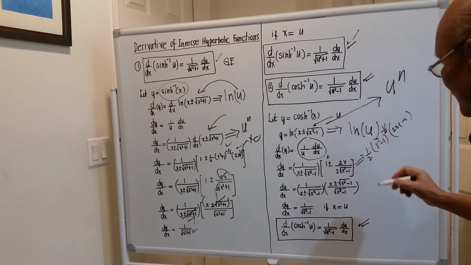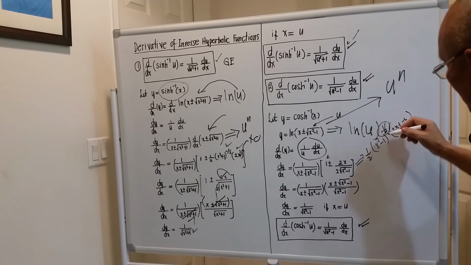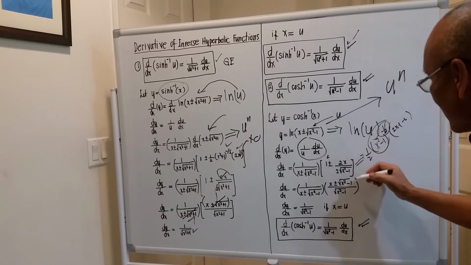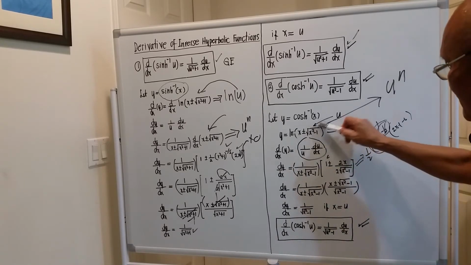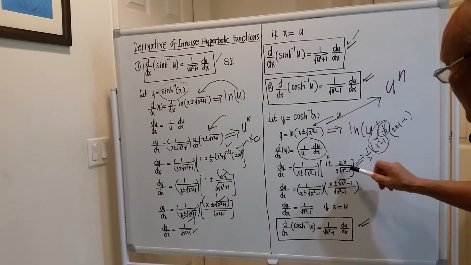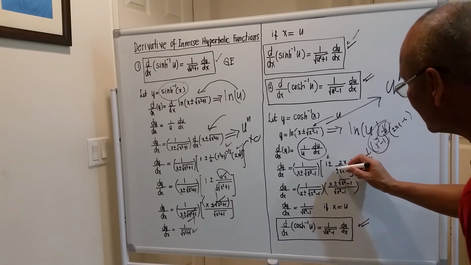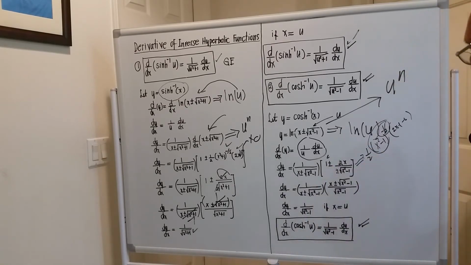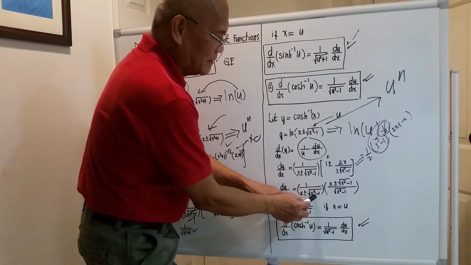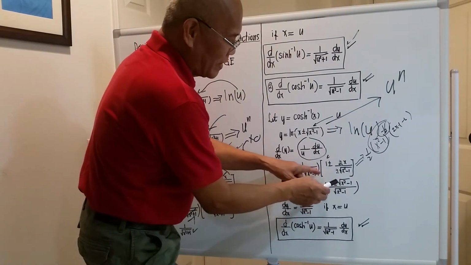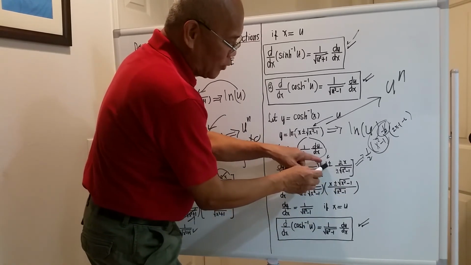Okay? So, if we try to simplify this one and eliminate this negative sign, we bring this one under the denominator. Okay? So, what will come out will be the derivative of this is 2x over 2 times the square root of x squared minus 1. Okay? Actually, this cancels. So, what will remain? I'll just rewrite the first one. Okay, this is 1, but this is a fraction. So to add it, we multiply 1 times this.